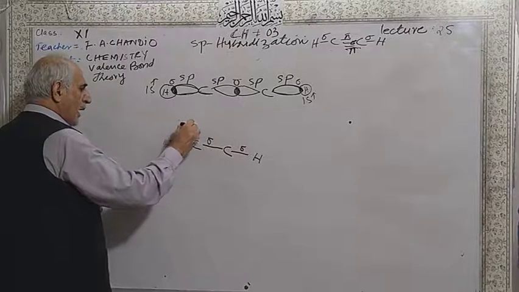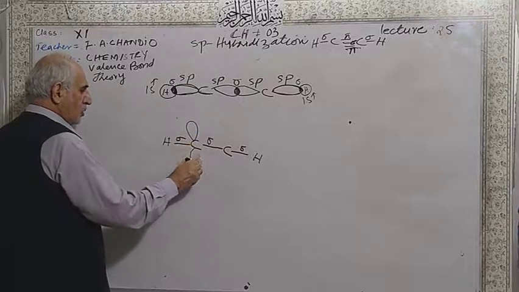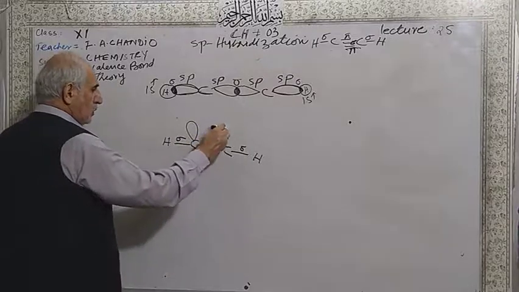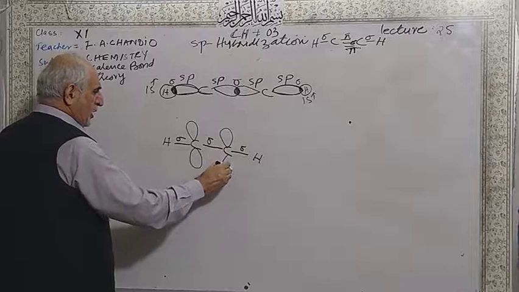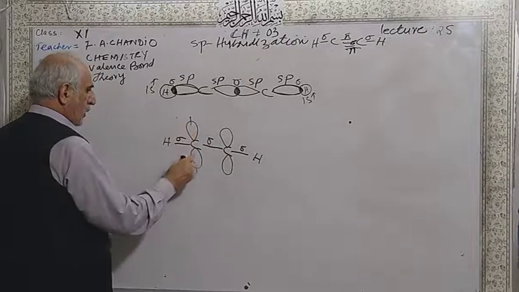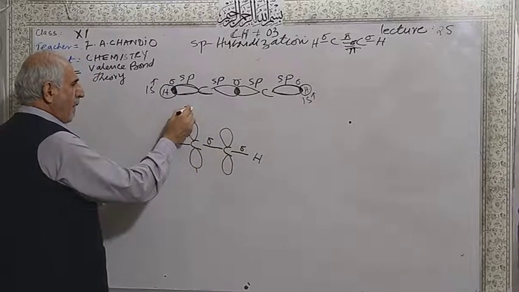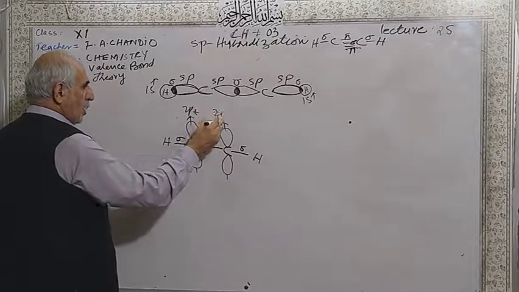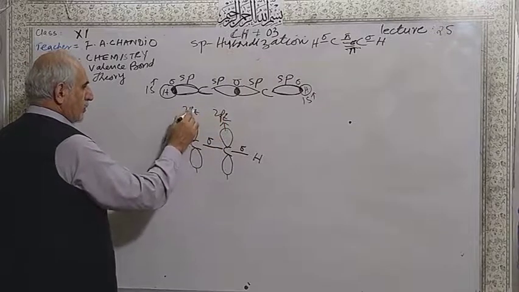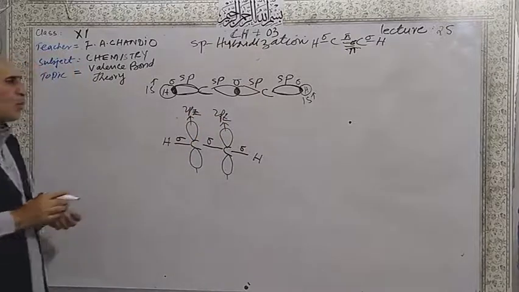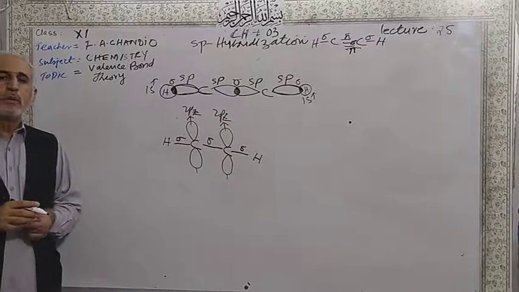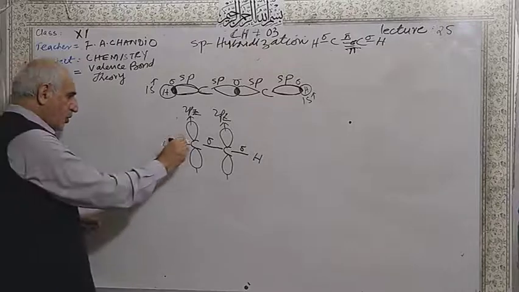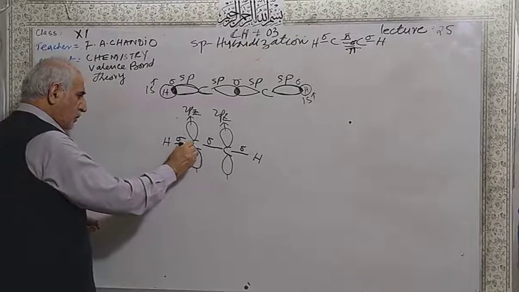Now each carbon has 2 partially filled unhybridized atomic orbitals. So these are 2 p orbitals each, unhybridized. This is the whole p.